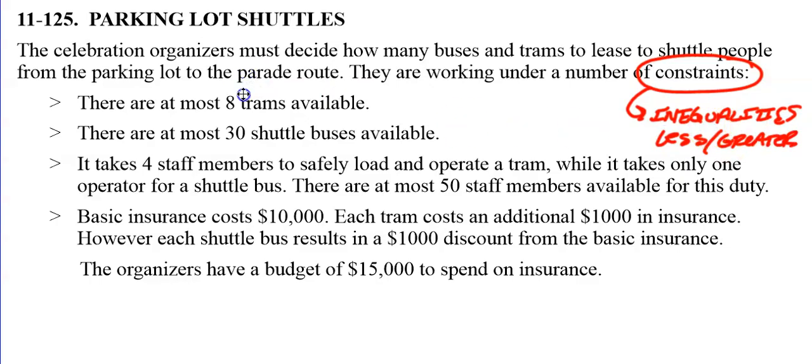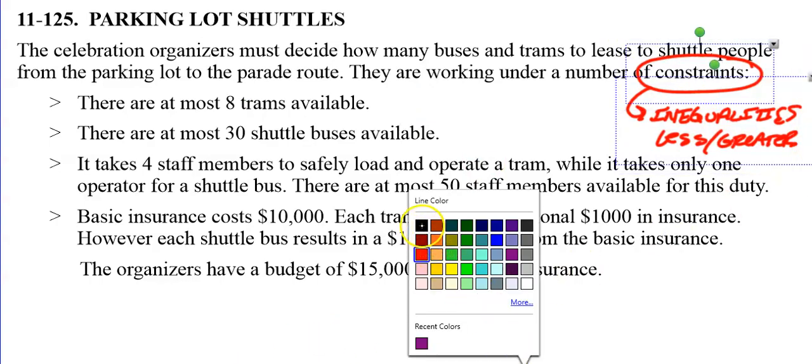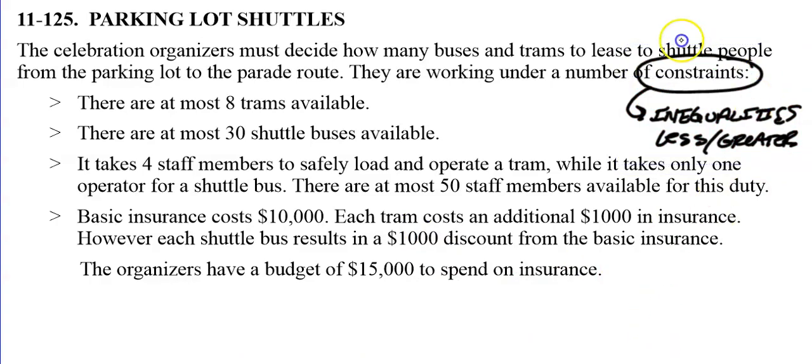So they're working on a number of constraints. One is there are at most 8 trams. So we know from this that the number of trams, constraint inequalities, has to be less than or equal to 8, and it has to be greater than or equal to 0.